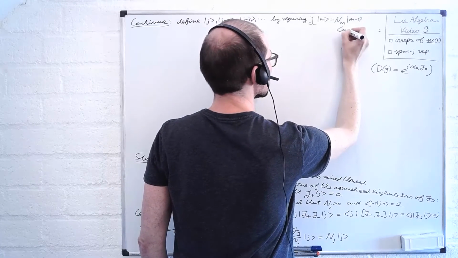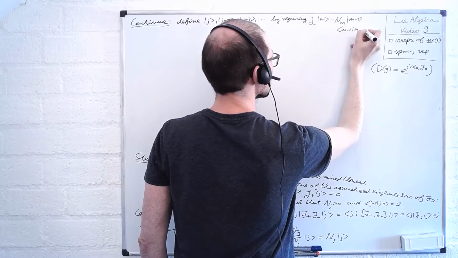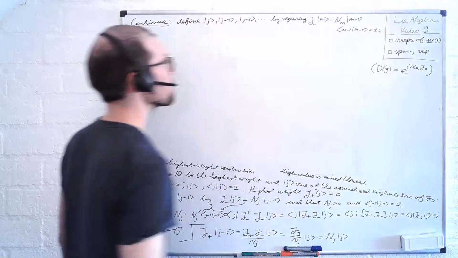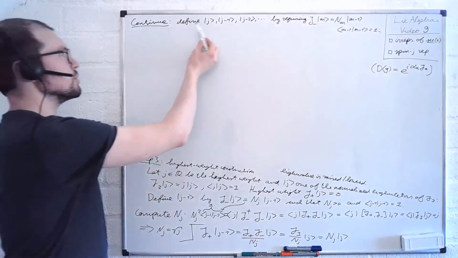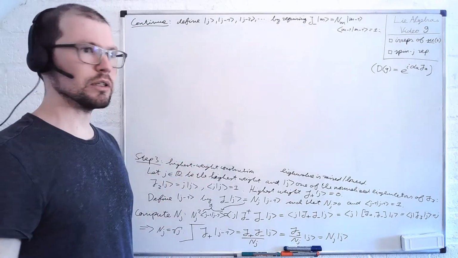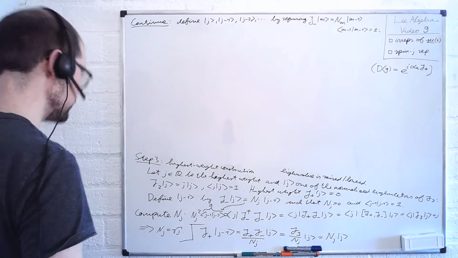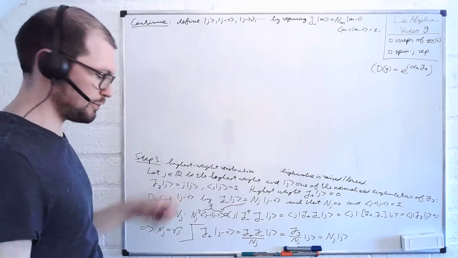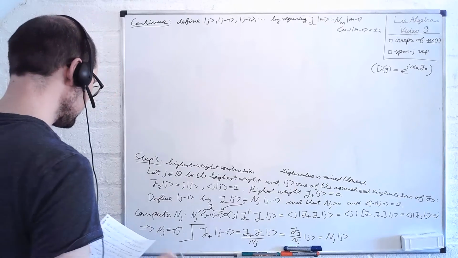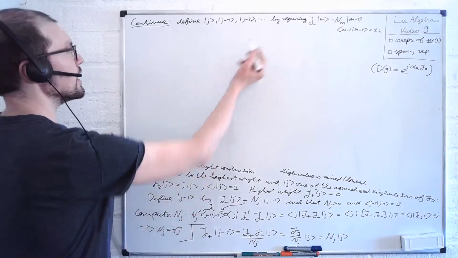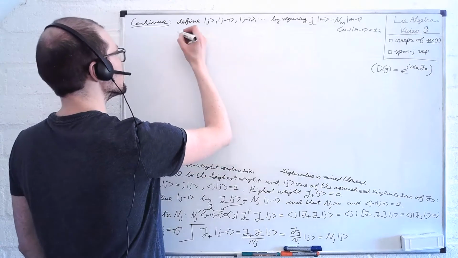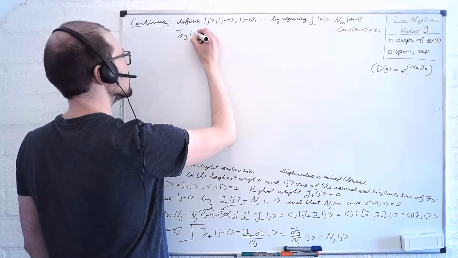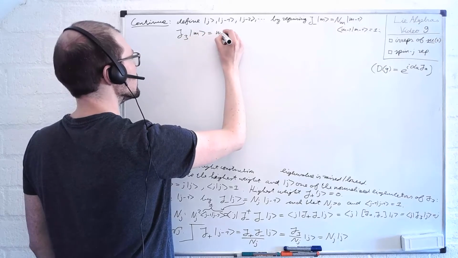So this gives me a whole sequence of vectors that are uniquely determined by our choice of highest weight state. And by construction, they satisfy J3 of m is m.